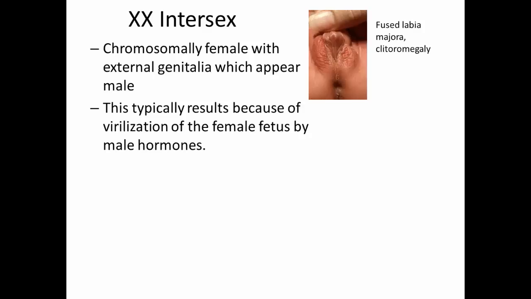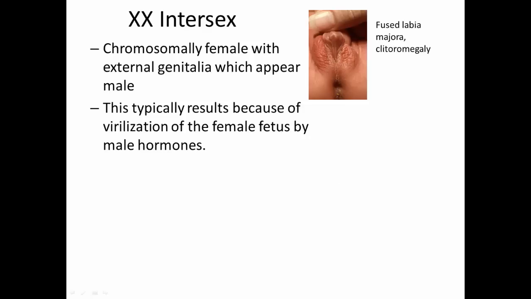This is an example. We can see here that we've got XX. Well, you can't tell that it's XX, but in fact it is. So what we have here is a fusion then of the labia majora. Normally, of course, we would have a gap here. You can see that what's happened is we've fused the labia majora, and the clitoris, which is normally quite tiny in baby girls, here is quite large. And so that's what we would call clitoromegaly, which just means a large clitoris.